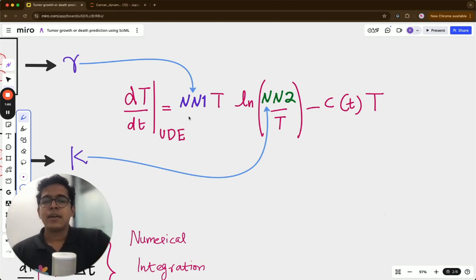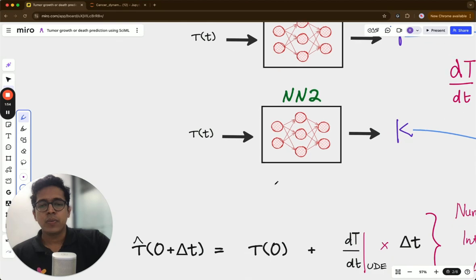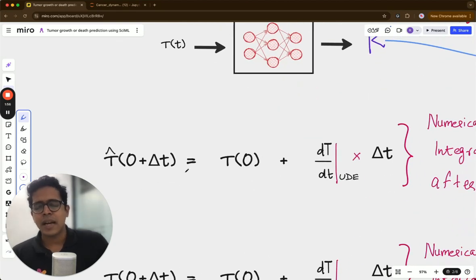The initial predictions made by the UDE will be very bad, meaning they will be very far away from the actual tumor growth. Now, if you use numerical integration to predict the size of the tumor at another point of time, you start from the initial time point 0. Let's say you want to make a prediction, the predicted size of the tumor.